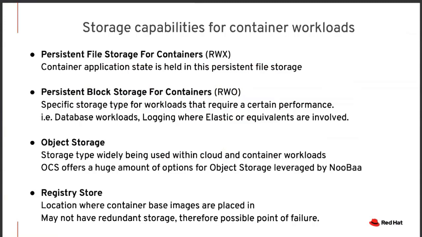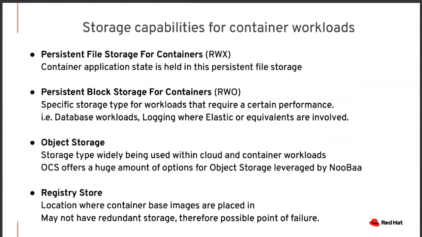There are multiple ways of using storage in containers. The most commonly used one is the persistent file store. That's also named RWX, which means read-write-many. That means that multiple containers can connect to the same file storage in order to use it.